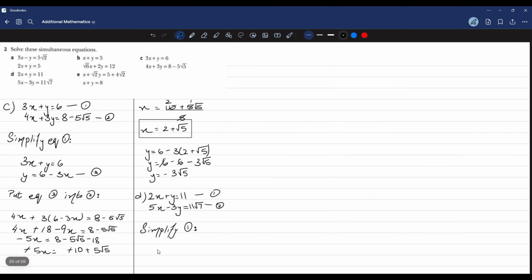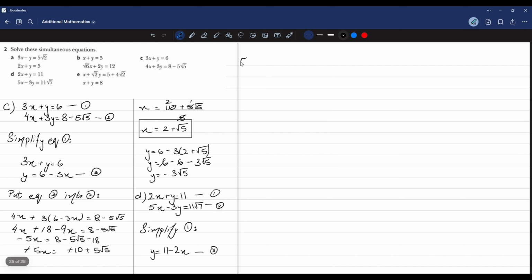You can simplify equation 2 if you want, but I prefer to simplify the simpler equation, which is the easier one among these two. So 2x plus y is equal to 11. In fact, I'm going to say y is equal to 11 minus 2x. So we're going to put this down here. If we have y equals 11 minus 2x, this would be equation number 3.